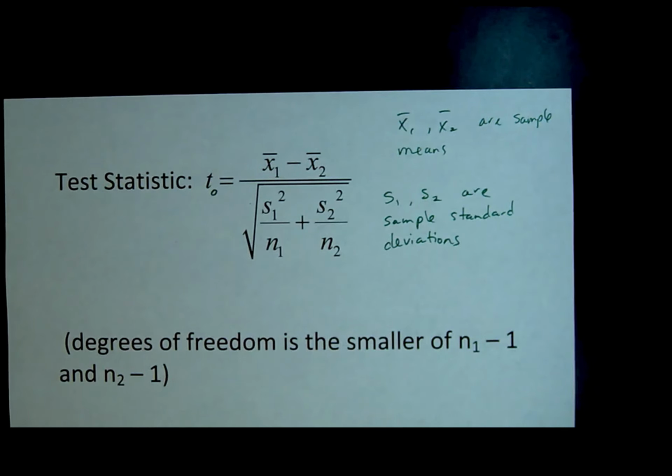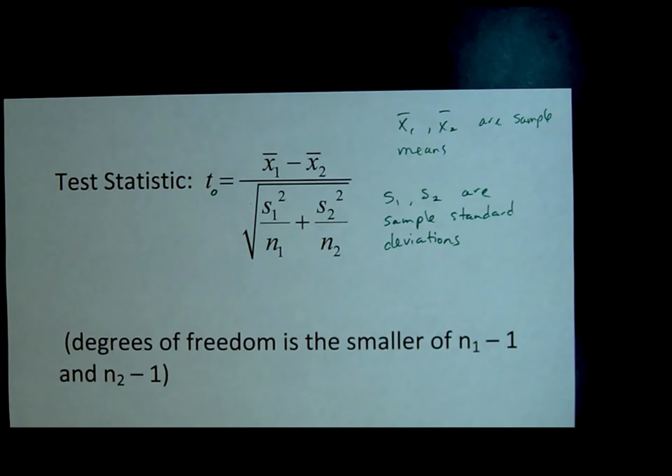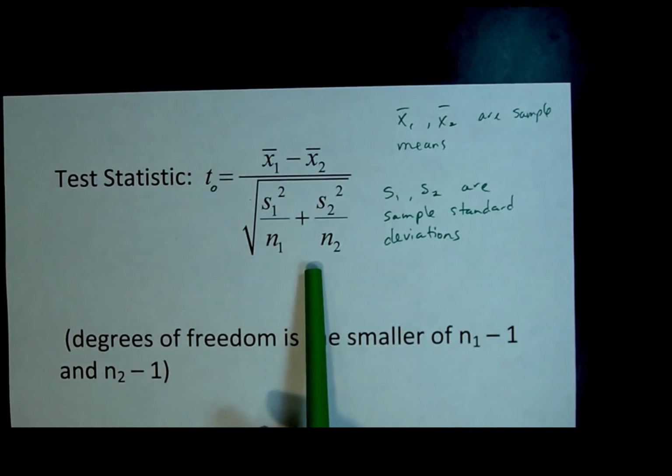Now, we need degrees of freedom for the t-distribution. And in the past, we've always said that the degrees of freedom would be one less than the sample size. But in this case, our sample sizes might be different.